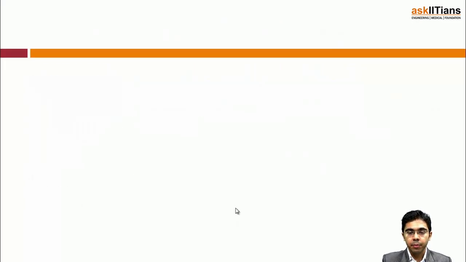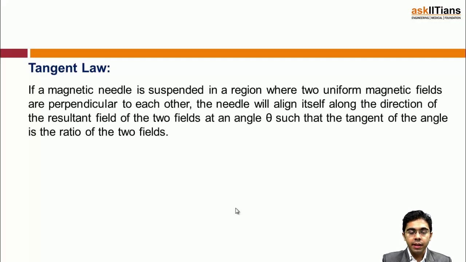Now coming towards the tangent law. If a magnetic needle is suspended in a region where two magnetic fields are perpendicular to each other, the magnetic needle will align itself along the direction of the resultant field of the two fields, at an angle theta such that the tangent of the angle is the ratio between the two fields. Now look at this diagrammatically.